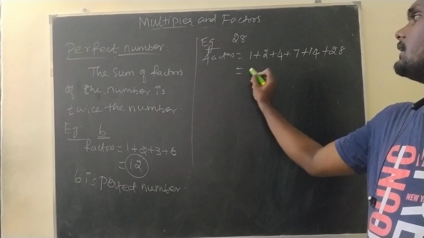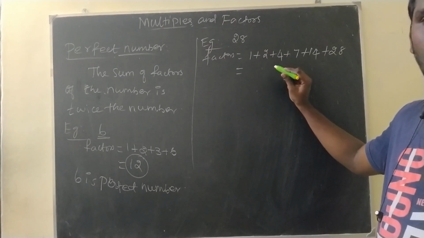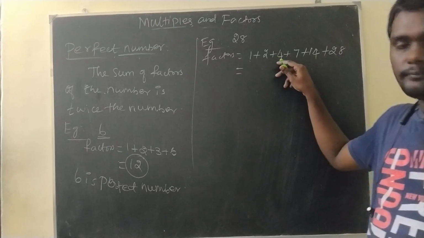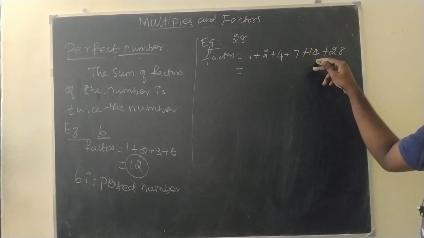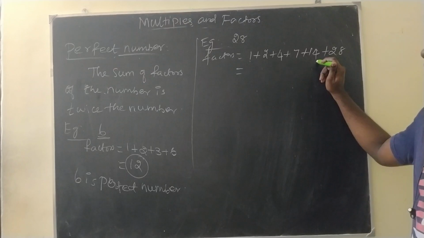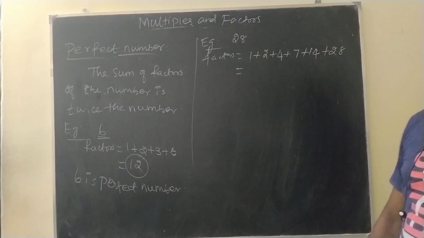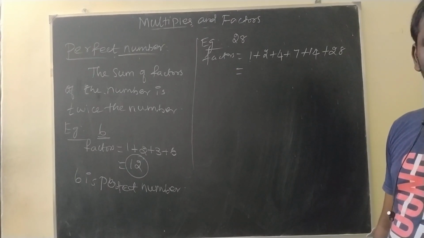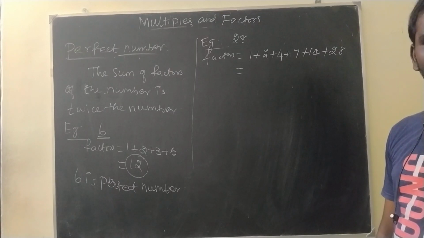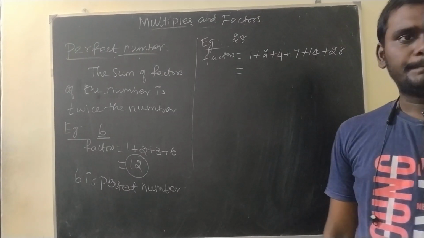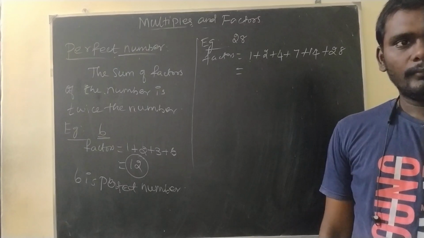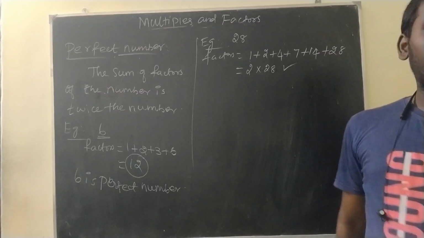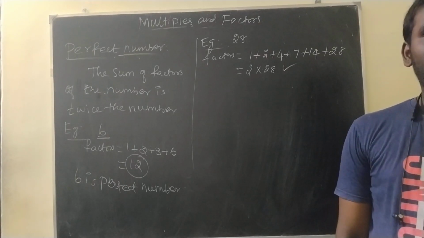Okay, when you add everything, what will you get? 1 plus 2, 3, plus 4, 7, 14, 28, 56. That is 2 times 28. So 28 is a perfect number. Okay.